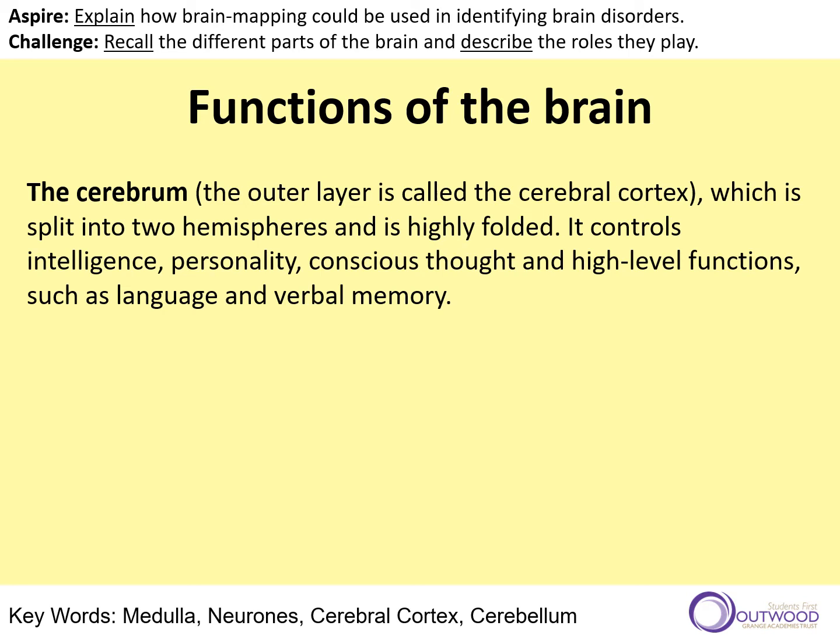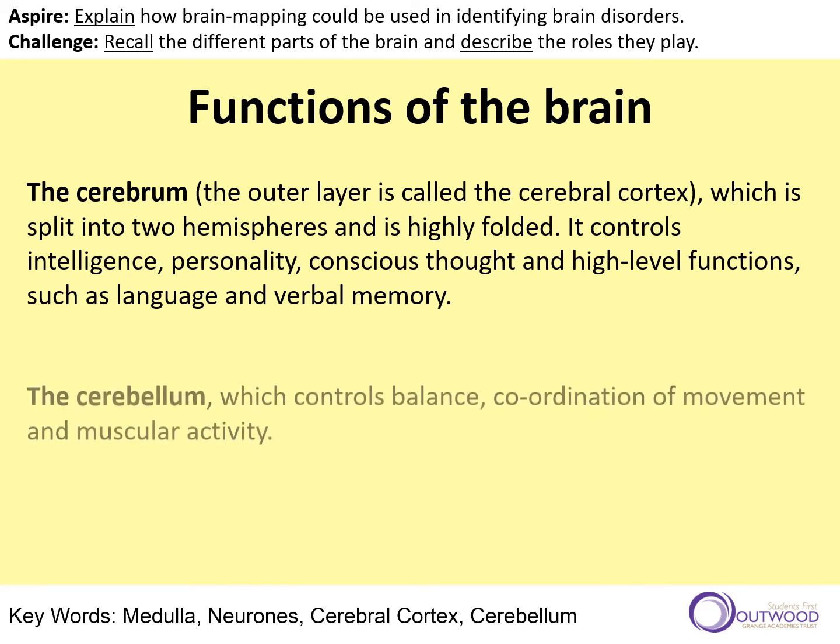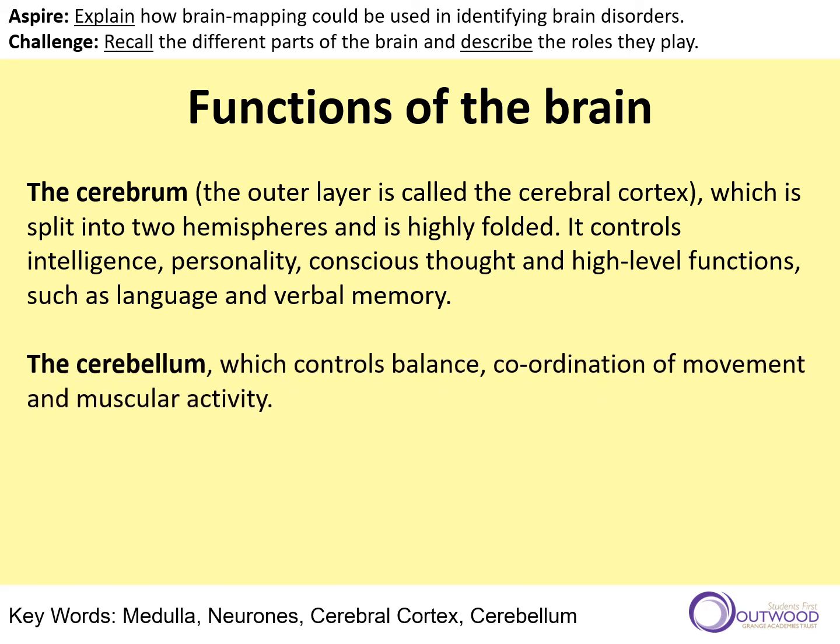And what does it do? It controls your intelligence, your personality, your thought, your conscious thought, and high-level functions such as language and verbal memory. So if you want to get those down, that's what the cerebrum does. The second part, the cerebellum, which is smaller, controls your balance, your coordination of movement, and your muscular activity.